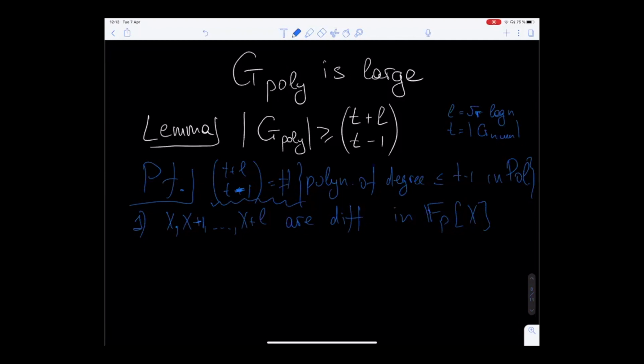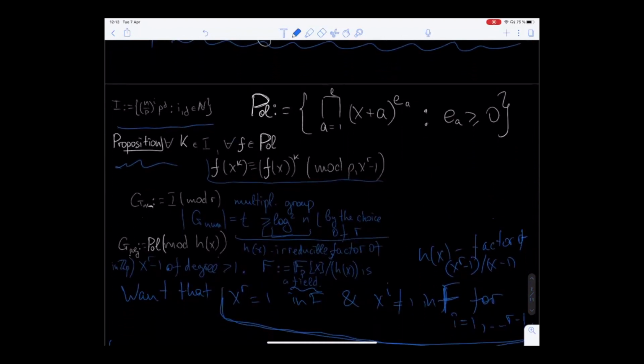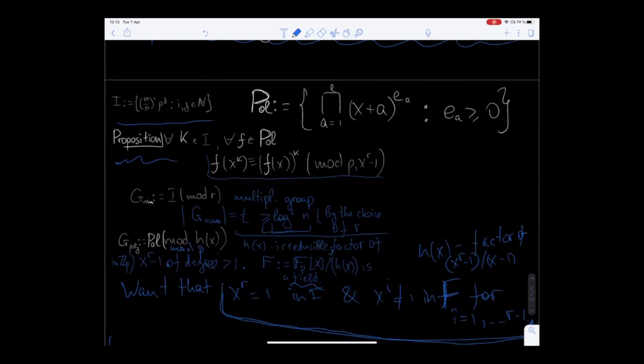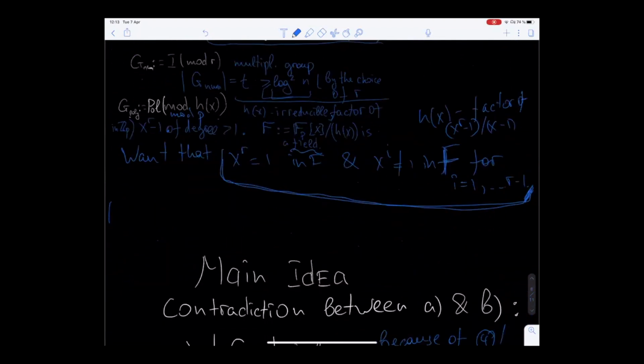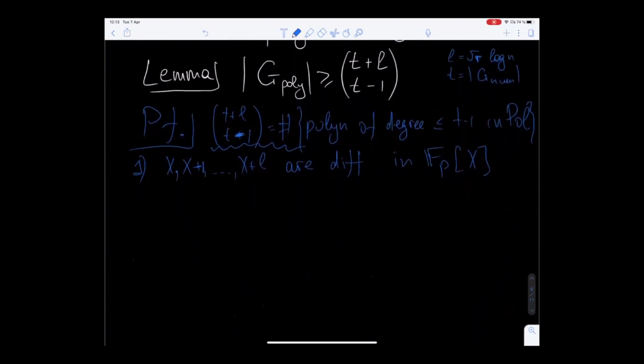So given that there are that many polynomials, the thing to check is, if we remind ourselves of the definition, Pol was modulo h of x and actually modulo p. So we only need to check that once we take this modulo h of x, different polynomials do not become the same. So assume that it happens.